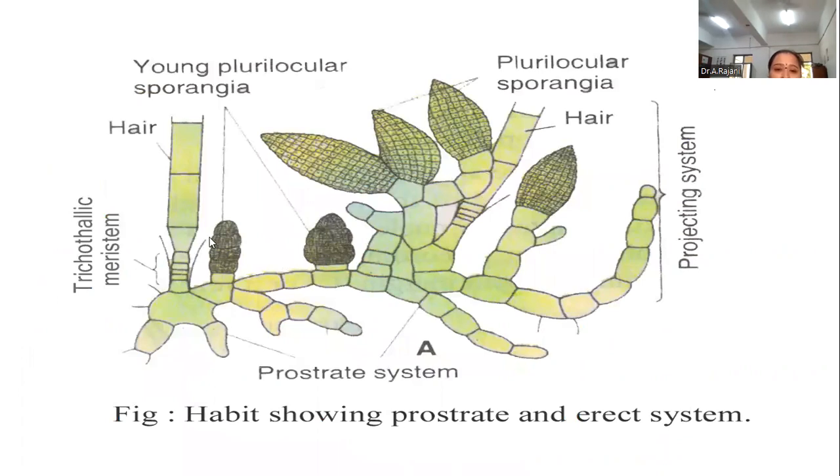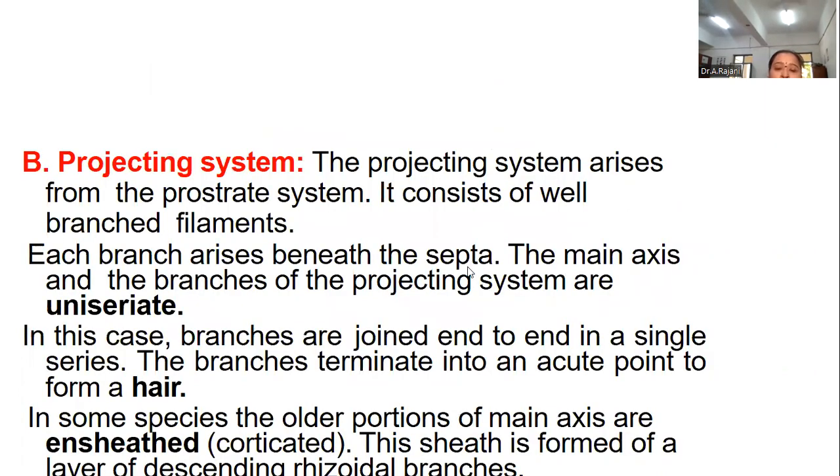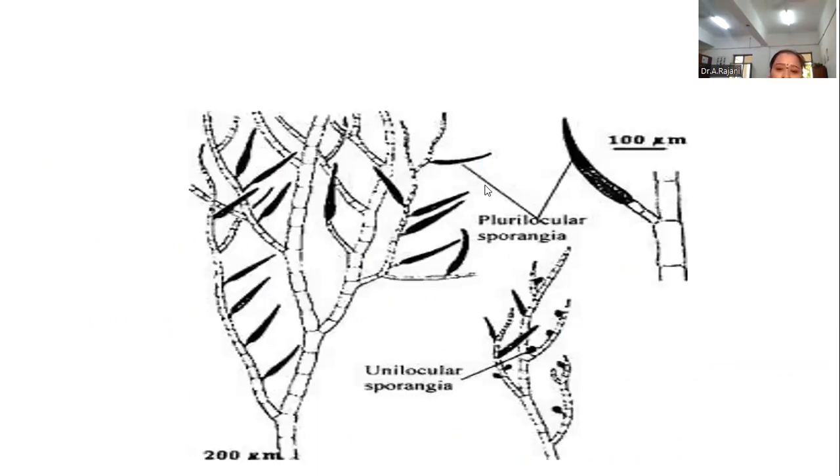In some species, the older portion of the main axis is ensheathed by a layer of descending rhizoidal branches. See how the branches are present in the erect system. Each erect system produces sporangia, unilocular and plurilocular.